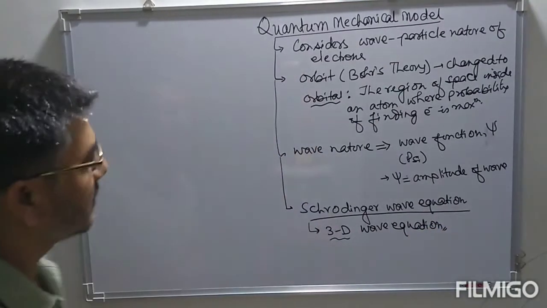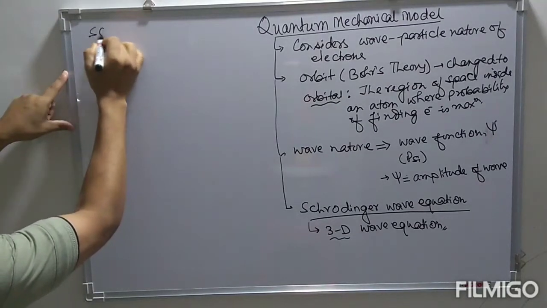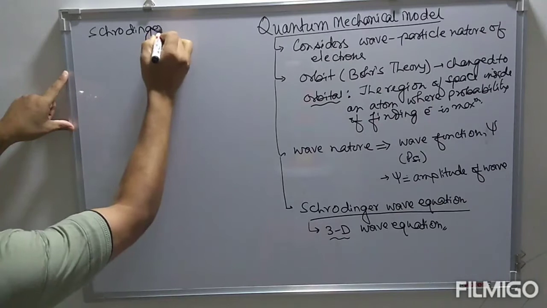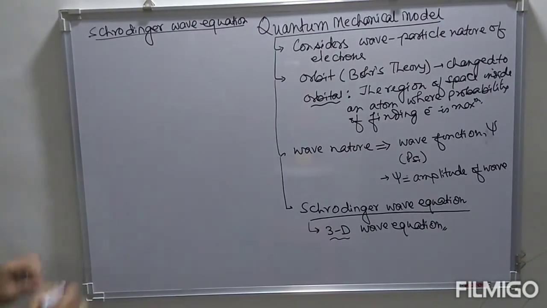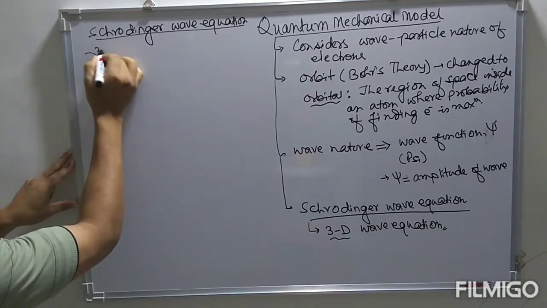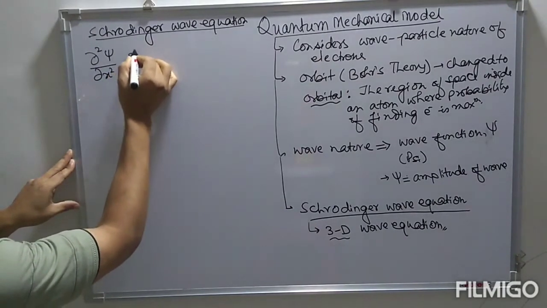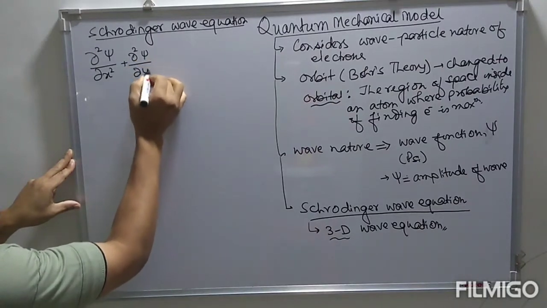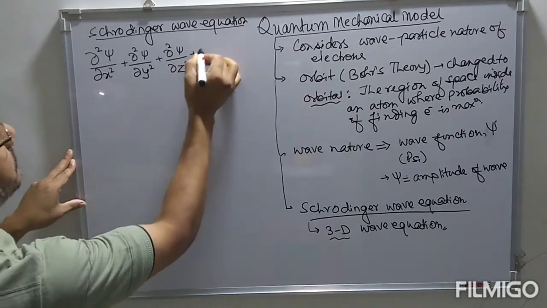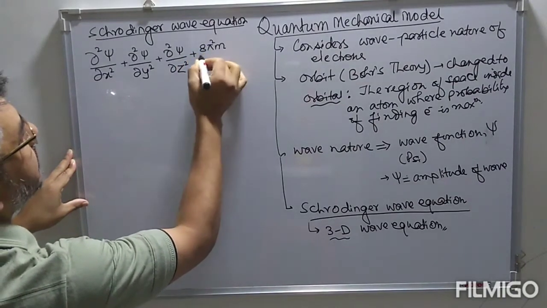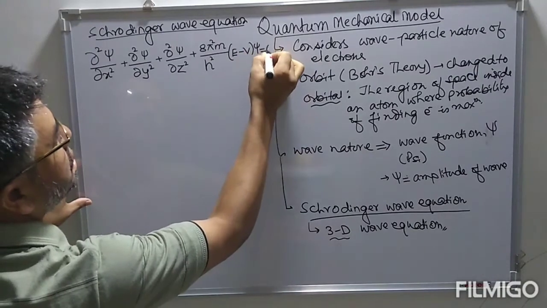Three-dimensional wave equation. Coming to this Schrodinger wave equation of the electron, we have del square psi by del x square plus del square psi by del y square plus del square psi by del z square plus 8 pi square m by h square (E minus V) psi equals 0.